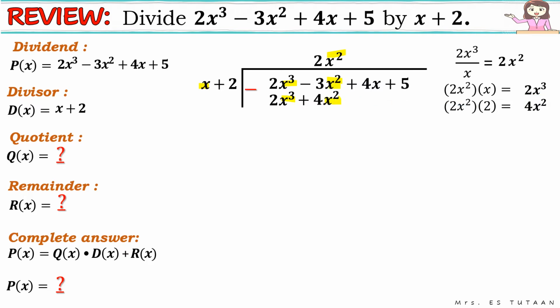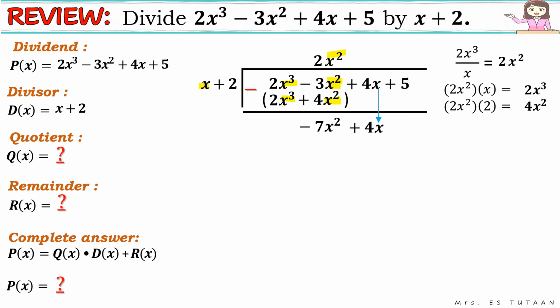And then, we are going to subtract. 2x cubed minus 2x cubed is 0. So, no need nang ilagay yung 0 dito. And then, negative 3x squared minus positive 4x squared, that is negative 7x squared. And then, bring down positive 4x.